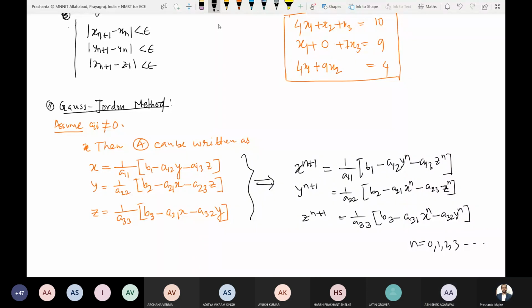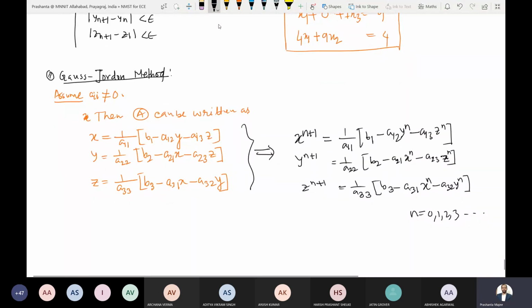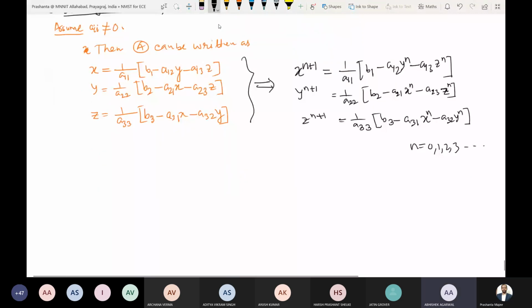Now, the first question which comes up: does this scheme which you have created always converge? The answer is no. The sufficient condition for the convergence of the Gauss-Jordan method is this.